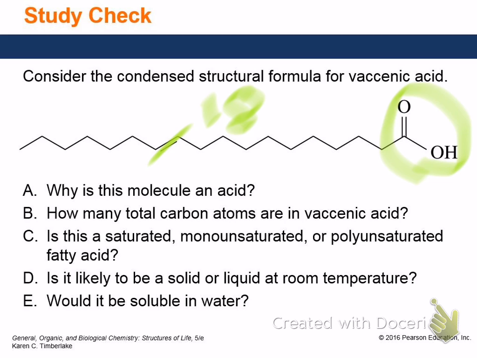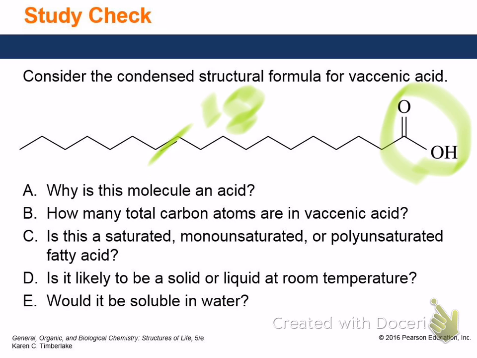Is it likely to be a solid or a liquid at room temperature? Solid. If it was not trans, it would likely be a liquid. But because it's trans and it can stack nicely, it's most likely going to be a solid at room temperature. The trans part is which part?